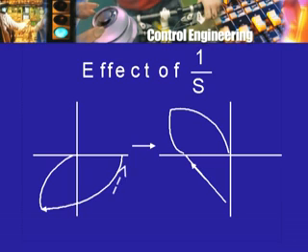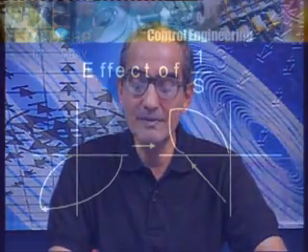Moreover, there was a stretching of this point to infinity because of the factor 1 by s, the gain at low frequencies becoming very high. So, there was this stretching. Of course, this stretching should have been a warning, because then I have to think of the closure of that contour by that semicircle in the right half plane. But that indeed also gives you the possibility of instability because of this intersection.